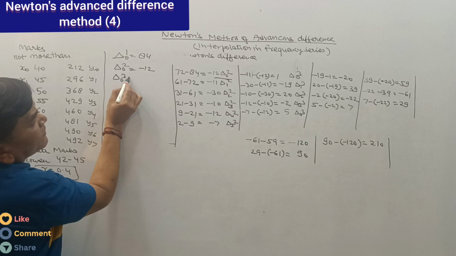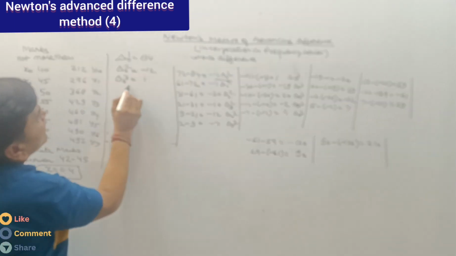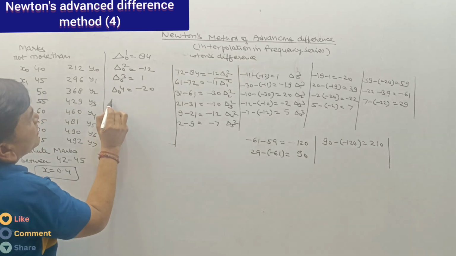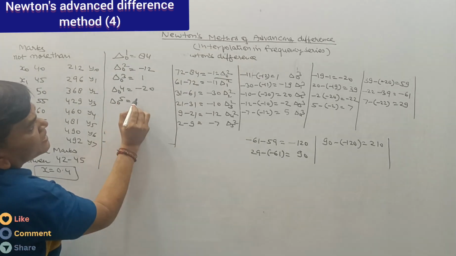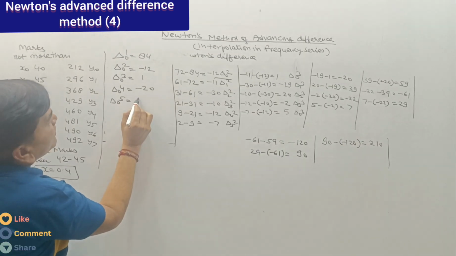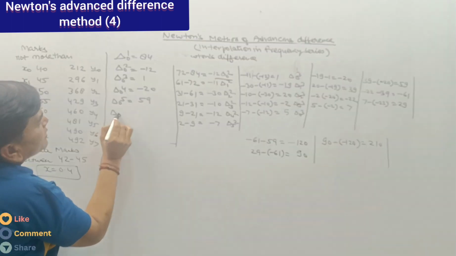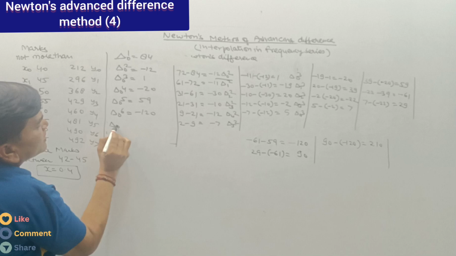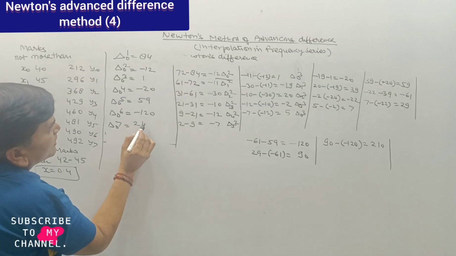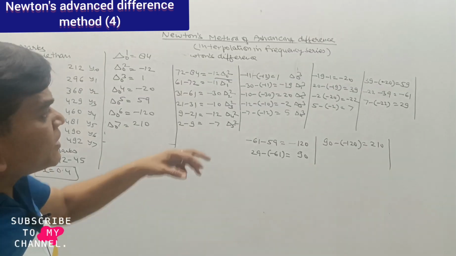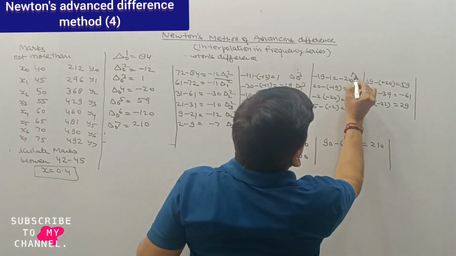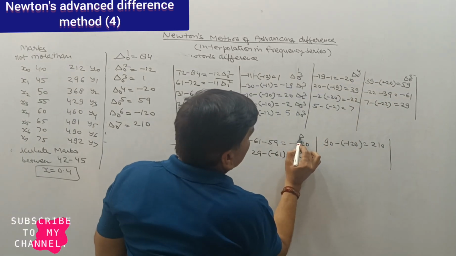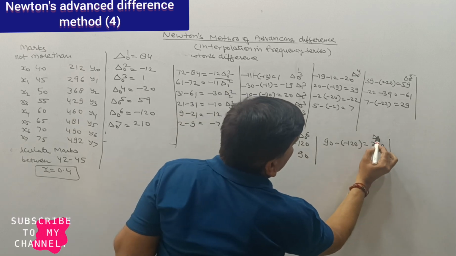Delta 03 value is 1. Delta 04 value is minus 20. Delta 05 value is 59. Delta 06 value is minus 120 and delta 07 value is 210.